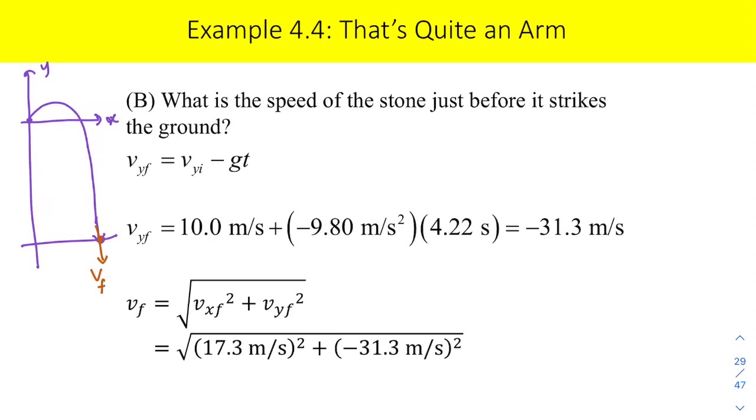And how about vx final? Why is there no calculation given for vx final? Because the ax is 0. Therefore, vx final is always the same as the vx initial. Okay? Because of the formula, let's say vx final equivalent to vx initial plus ax t.